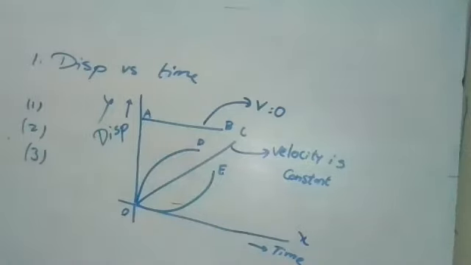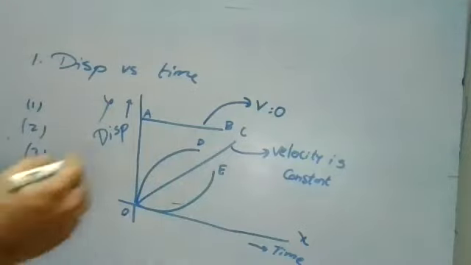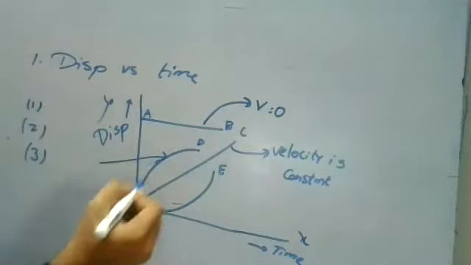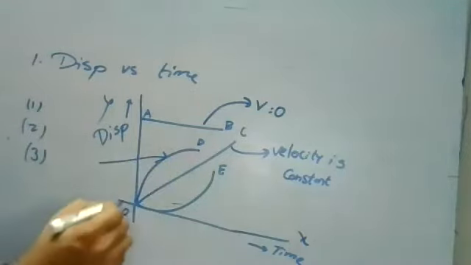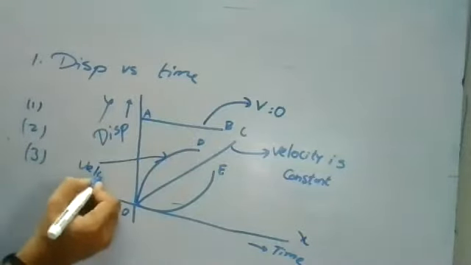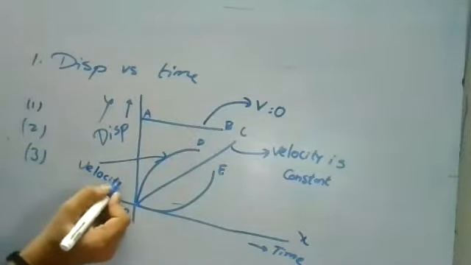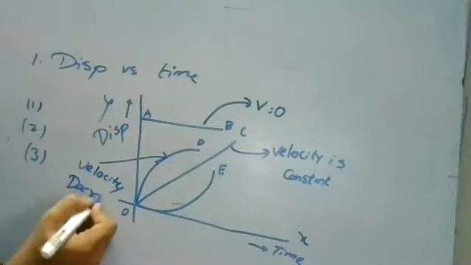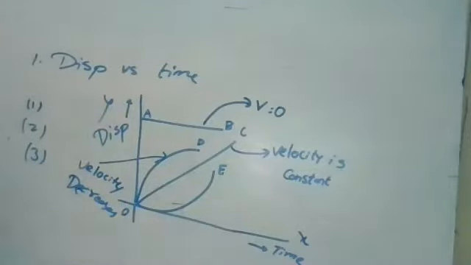In brackets, motion is retarded. So this one, O to D, was a decreasing one. The motion was in a decreasing portion. So here velocity decreases, for the OD.